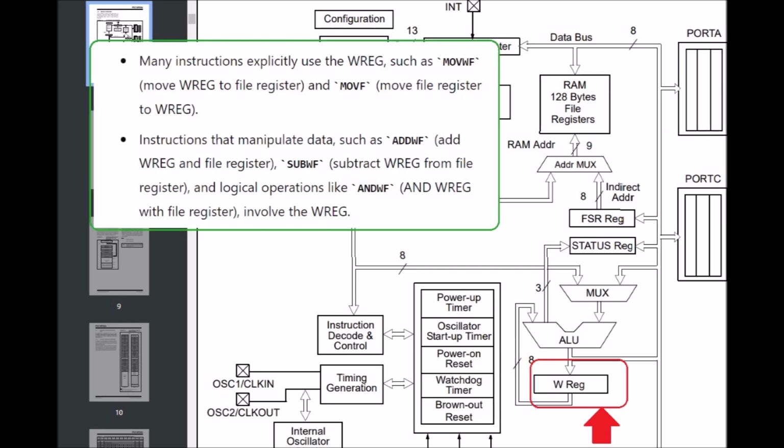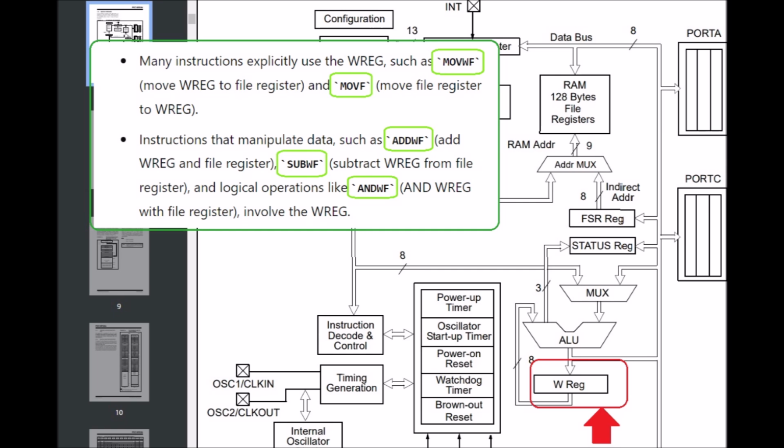Instruction interaction. Many instructions explicitly use the WREGE, such as MOVWF, which means move WREGE to a file register, and MOVF, move file register to WREGE.